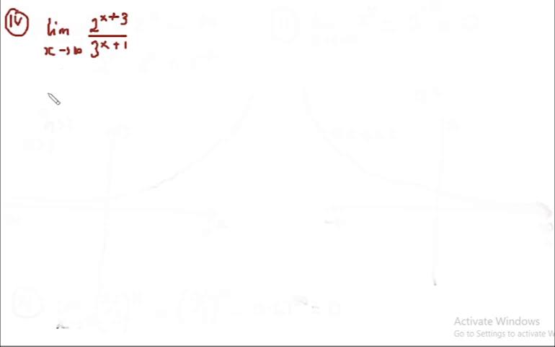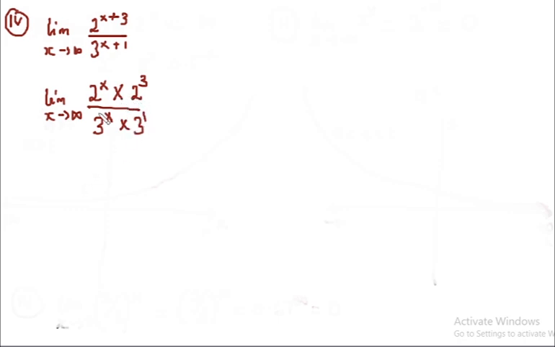I could say the limit as x approaches infinity can be written as 2 to the power of x, because there's a plus 3 here. In indices, this can also mean times 2 to the power of 3, divided by the same base again, 3 to the power of x times 3 to the power of 1. I'll be simplifying it.